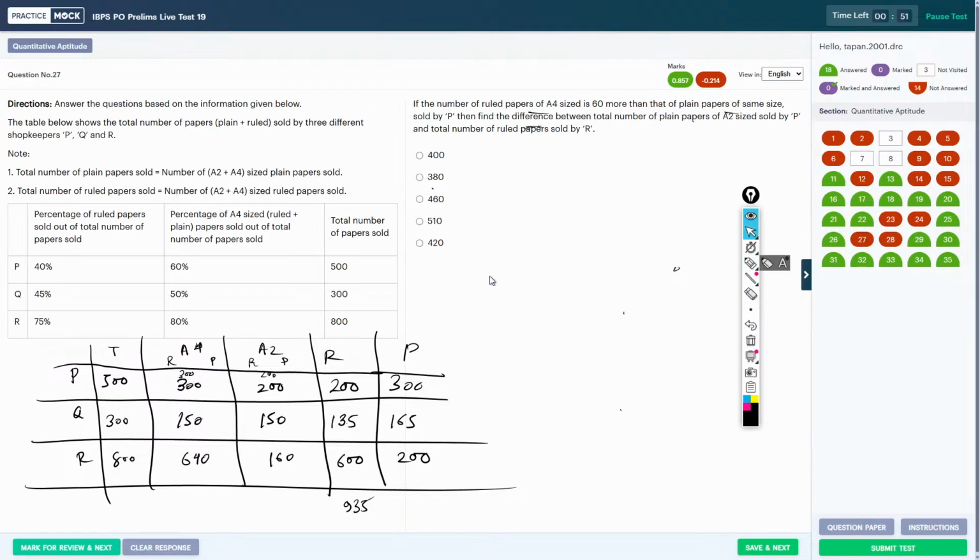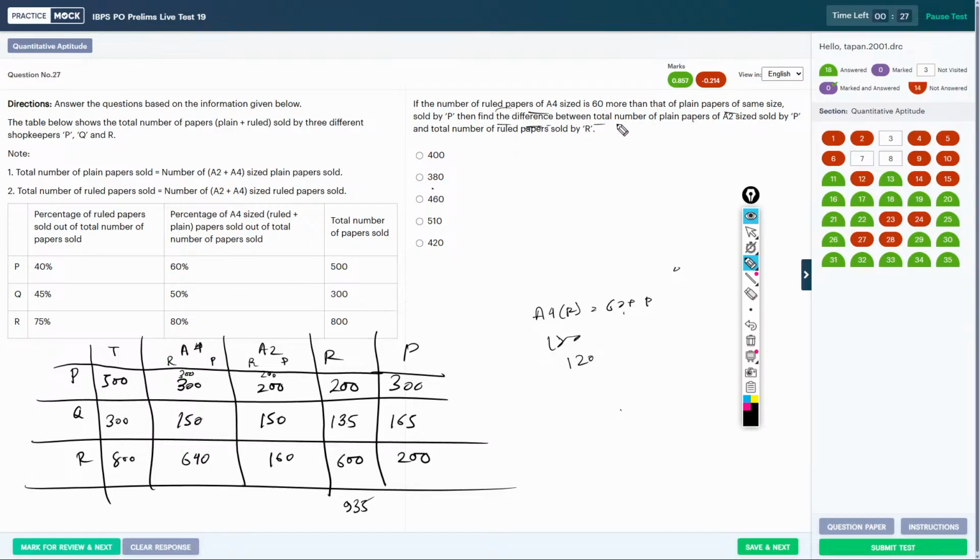previous one. If the number of ruled paper A4 size is 60 more than plain paper of the same size sold by P, A4 60 more, A4 ruled 60 plus plain. Okay, A4, right? So 60, so 120 and 180.